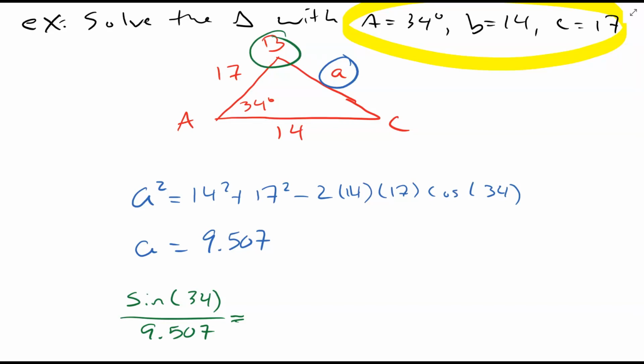Because the side opposite it is smaller than the side opposite C. Very good. I think if you try to solve for C next, you'd end up getting a zero triangle situation and end up with an error on your calculator and probably be rather confused as to why it's not working. But that's the issue there.